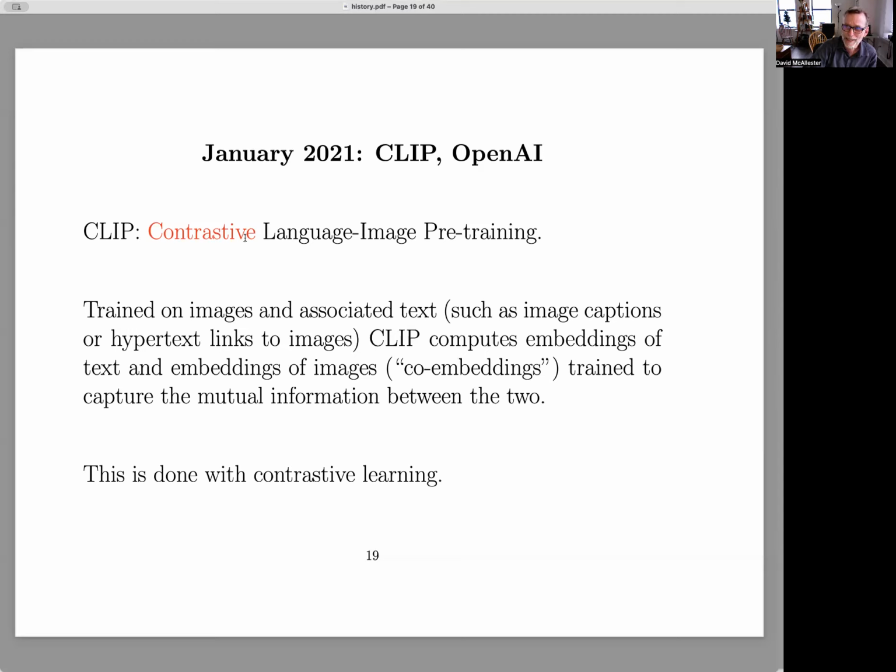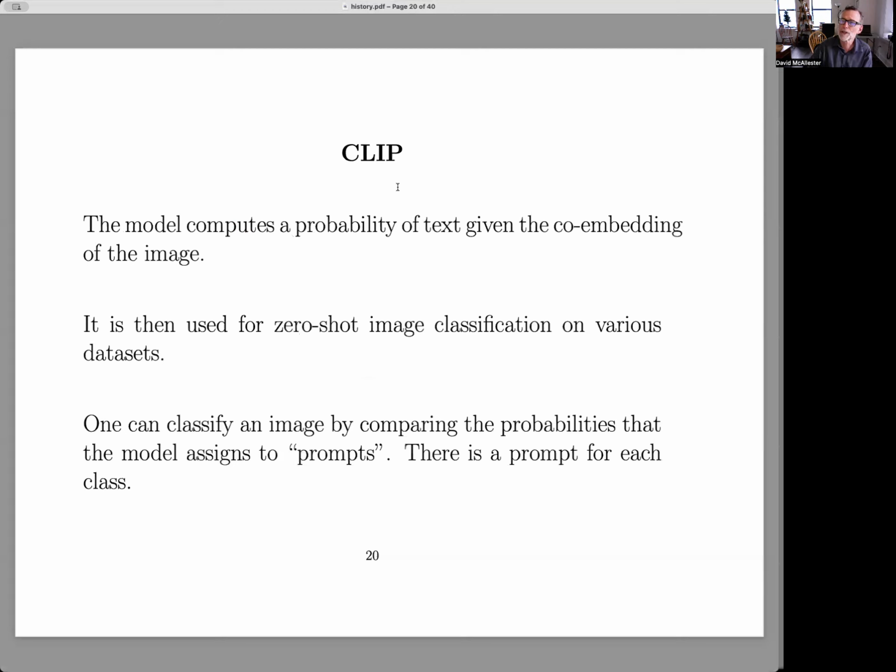We'll talk about this in a lot of detail, but this ability to translate language and images into this shared vector space supported a large class of applications.